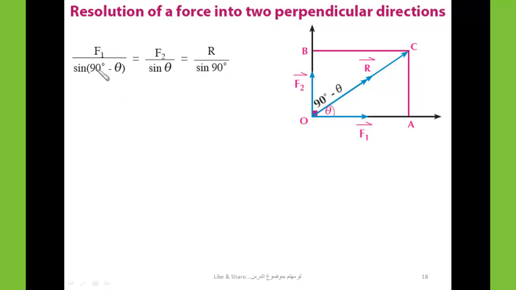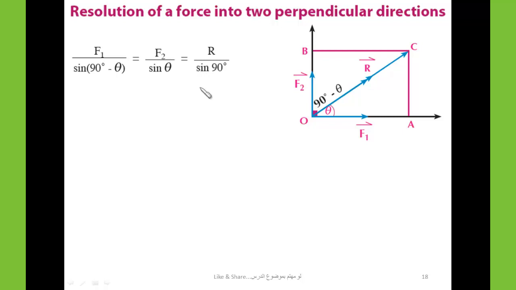So we can write F1 over sine of 90 minus theta equals F2 over sine theta equals R over sine of theta 1 plus theta 2, and this sum equals 90 degrees. So we write R over sine 90.